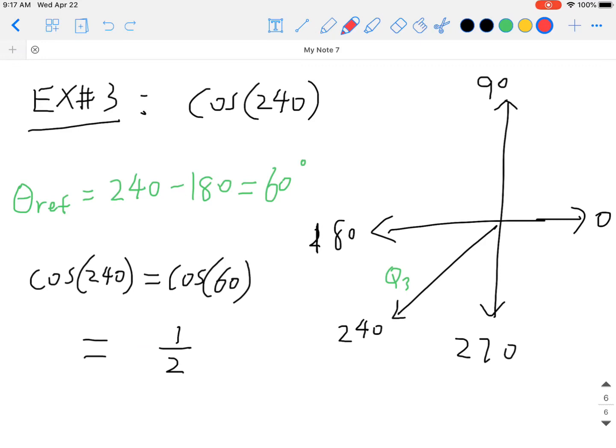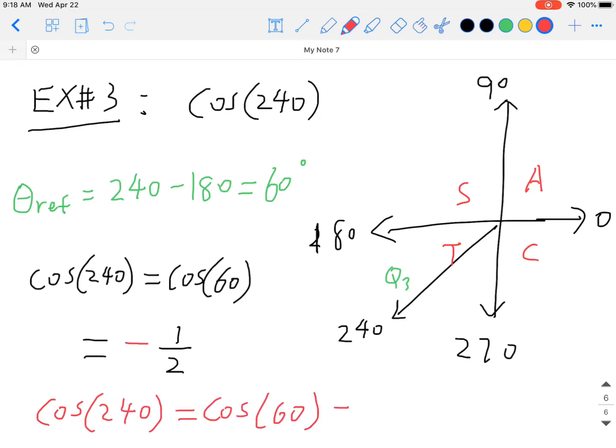This will be determined by the quadrant. A, S, T, C. In the third quadrant it is T, meaning only tangent is positive, everything else is negative. Cosine is part of everything else, so this is negative half. Cosine 240 can be written as negative cosine 60, which is equal to negative half.